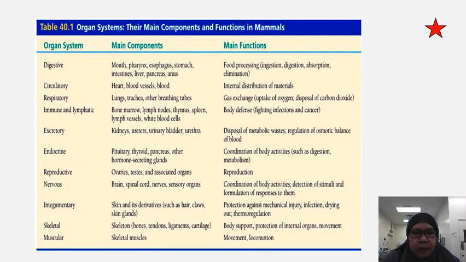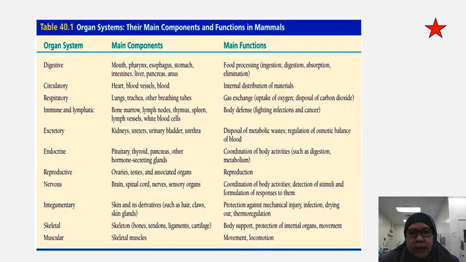So these are examples of the functions and also the main components of the organ system. One example I would like to give you is the digestive system. The main components of the digestive system, there are many: mouth, pharynx, esophagus, stomach, intestine, liver, pancreas, and anus. All these are main components.